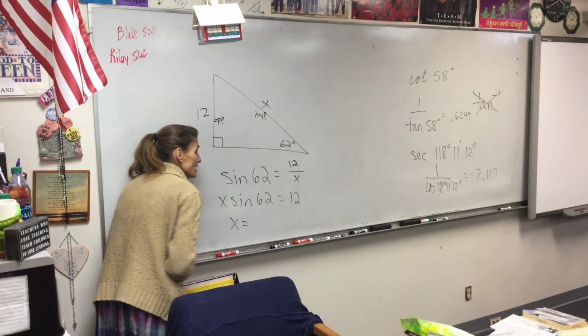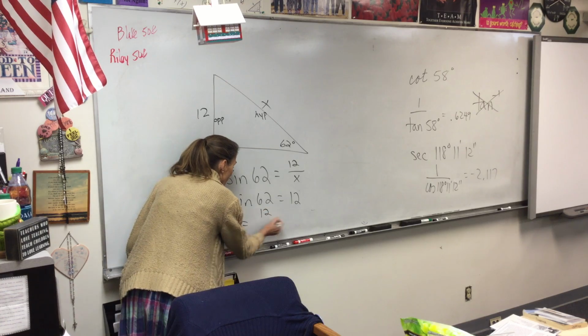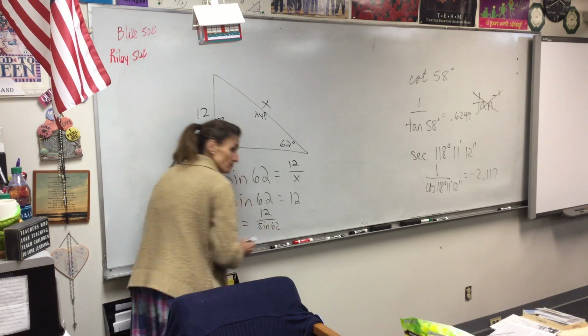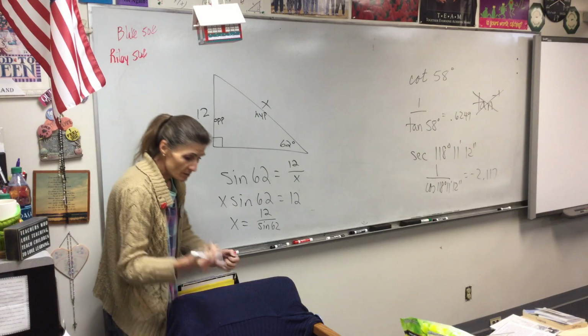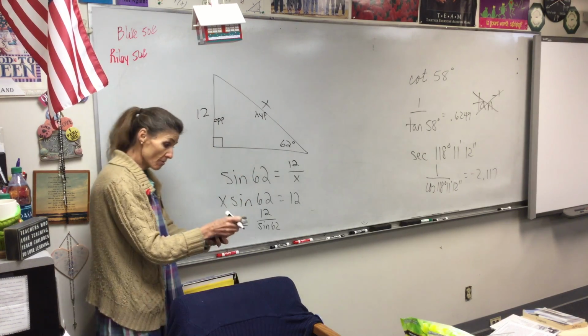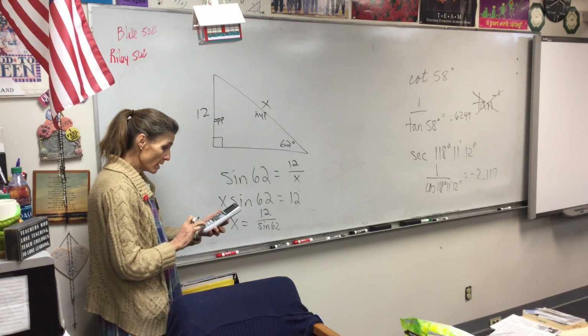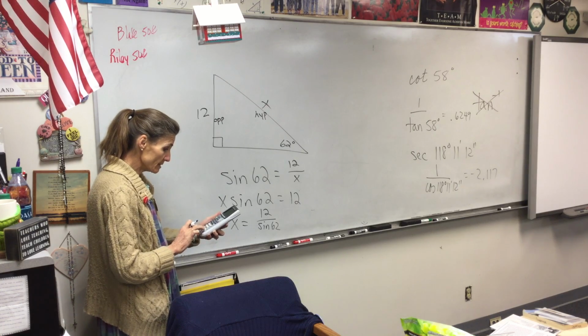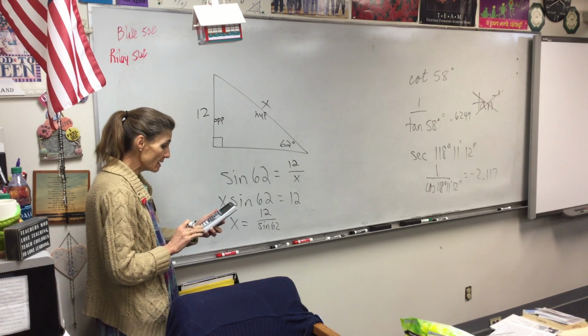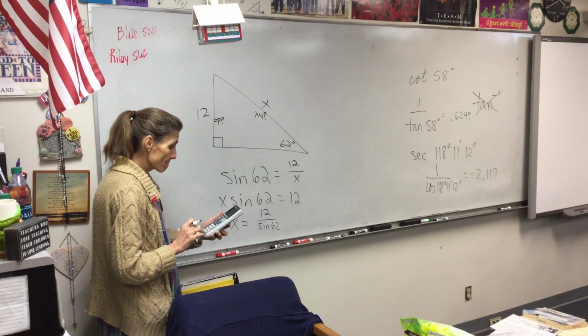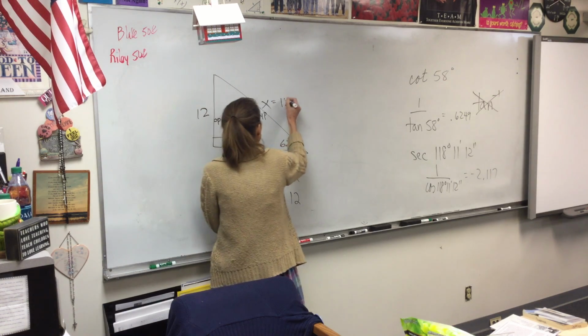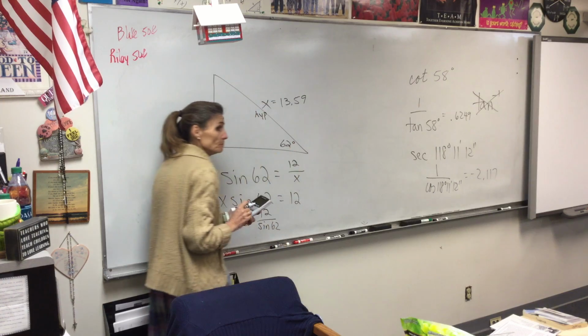And then x ends up equaling 12 divided by the sine of 62. So this is why we need to be able to type stuff in on our calculator. 12 divided by sine 62, make sure I'm in degrees, I am. You get 13.59.